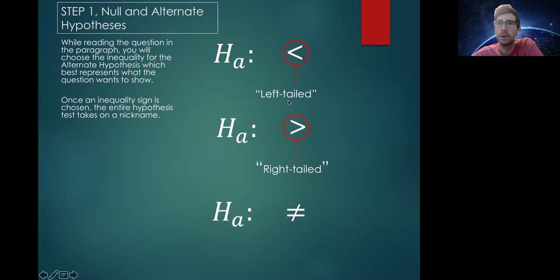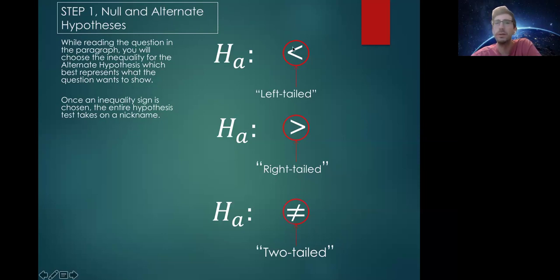We'll call it a left-tailed test. If we have a greater than sign in our alternate hypothesis, then the nickname for our test will be right-tailed. We'll call it a right-tailed test. And if there's a not equal to sign in the alternate hypothesis, then we call it a two-tailed test. And we'll see why this is later on in one of the steps or in some examples.